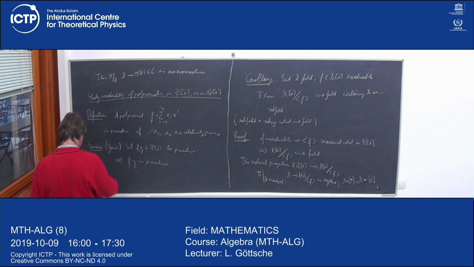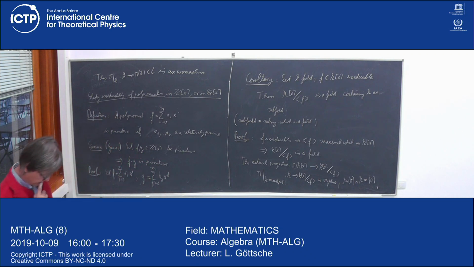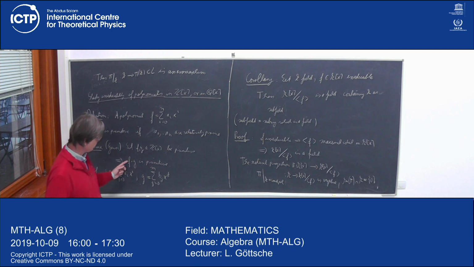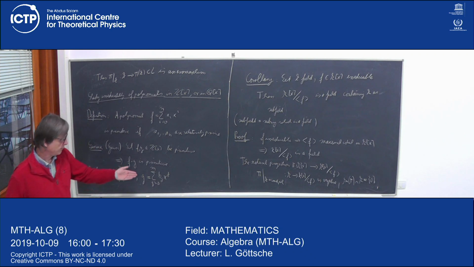Let f equal the sum from i equals 0 to n of a_i x^i, and g the sum from j equals 0 to m of b_j x^j. Okay. And so we assume that f times g is not primitive. And then we have to see that either f or g is not primitive.